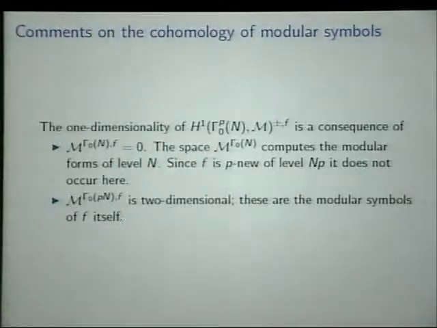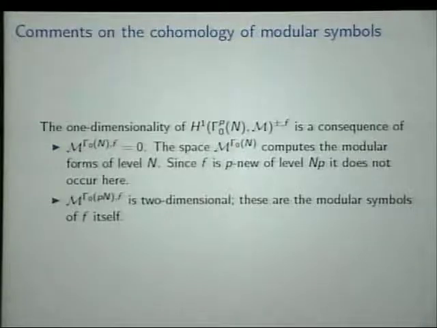On the other hand, if you do include the P, then this is the two-dimensional space in the cohomology of the modular curve that's cut out by F. Two-dimensional, it has a plus part and a minus part.